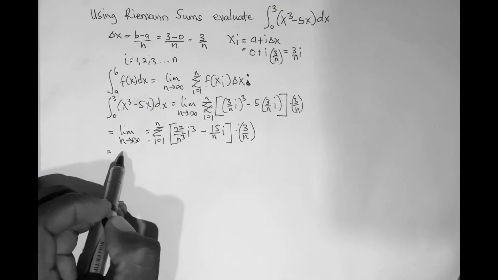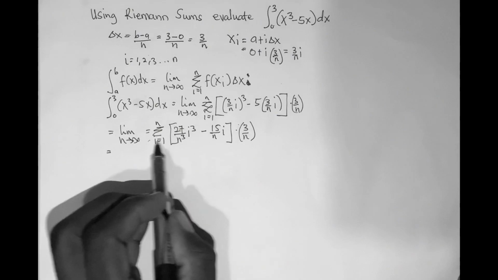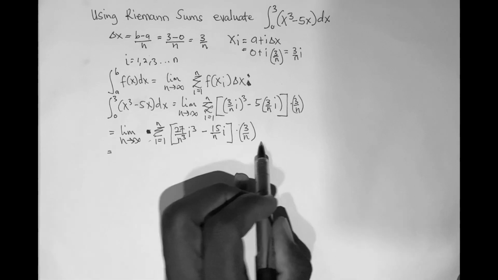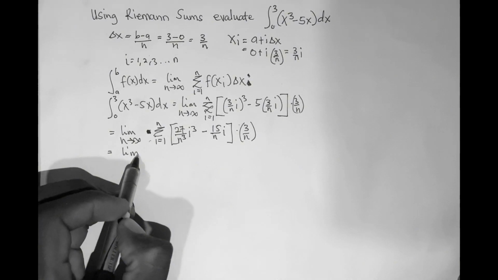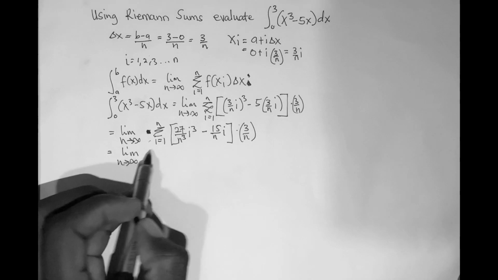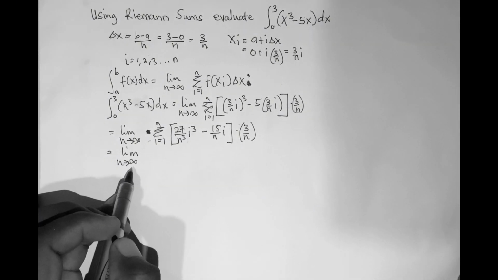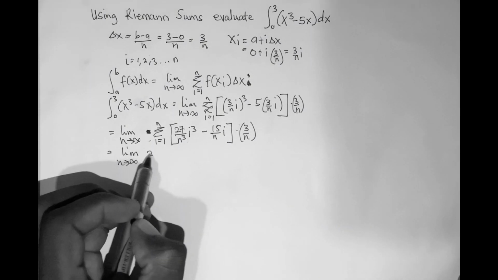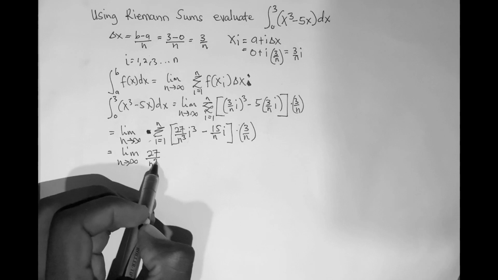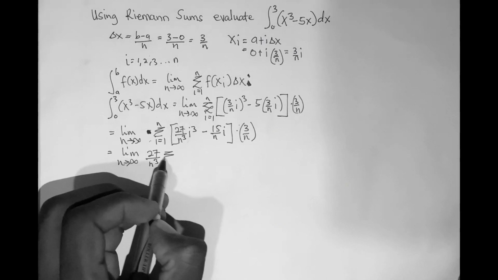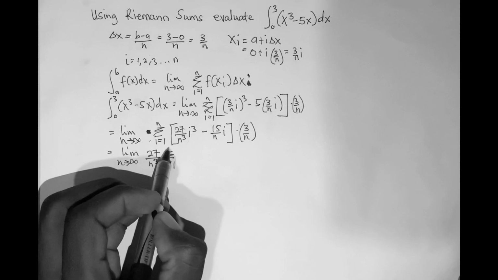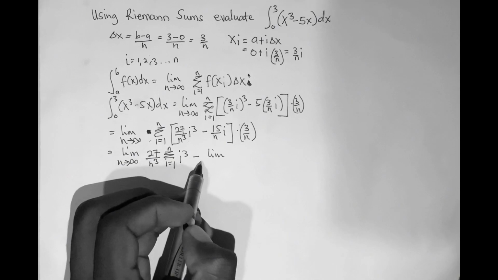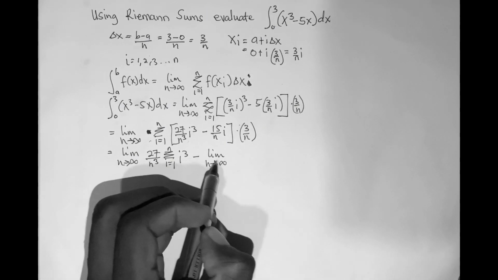Now I want to break this limit, so this is equal to the limit as n approaches infinity of, I want to pull this constant out, which is 27 over n cubed. So 27 over n cubed, then the sum from i equals 1 to n of i cubed, then minus the limit as n approaches infinity.